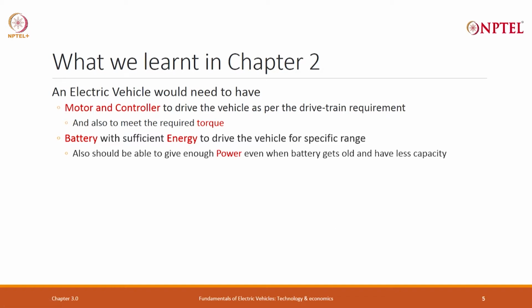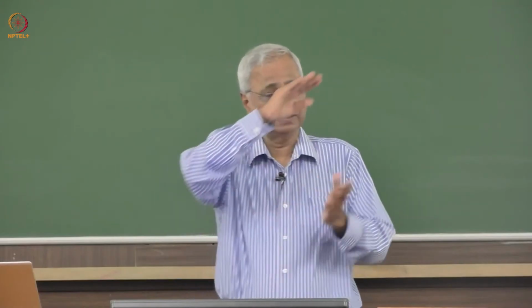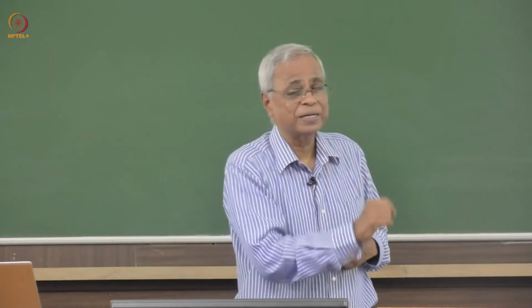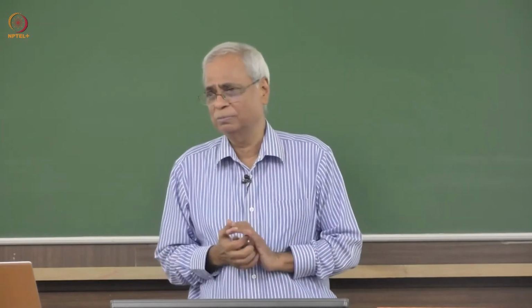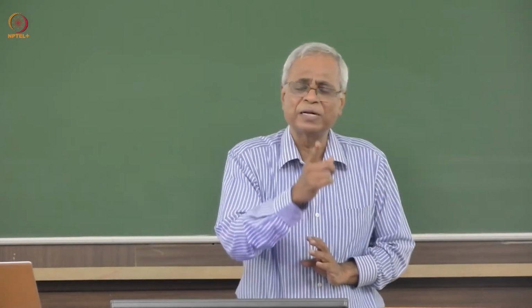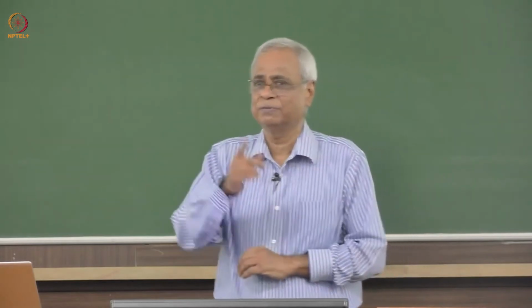But not just the energy, the battery should also give you sufficient power at every instant, even as it gets old. Remember, the battery capacity will go down, but your power cannot go down, though energy will go down. Power is important because power is linked to the force that you can give.